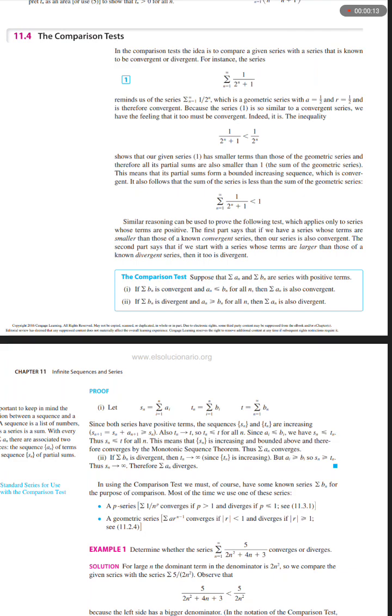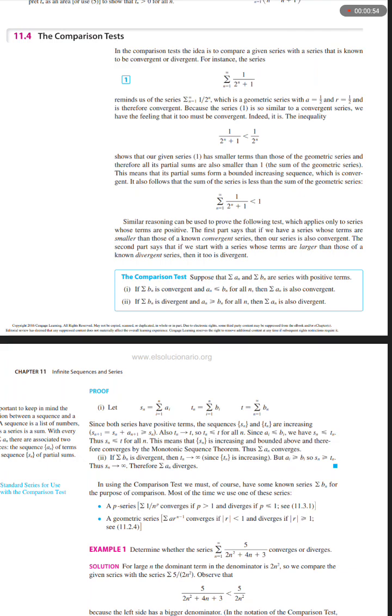For instance, the series 1, the sum from n equals 1 to infinity of 1 over 2 to the power n plus 1, reminds us of the series the sum from n equals 1 to infinity of 1 over 2 to the power n, which is a geometric series with a equals 1/2 and r equals 1/2, and is therefore convergent. Because series 1 is so similar to a convergent series, we have the feeling that it too must be convergent.